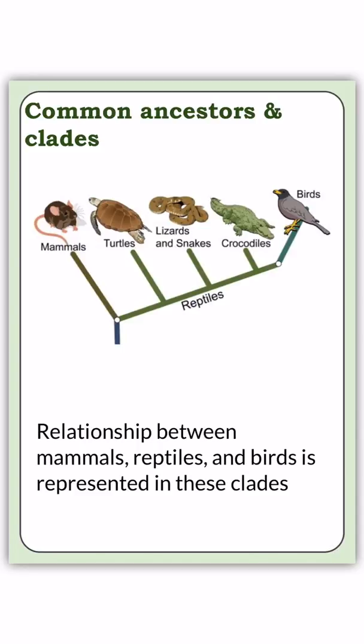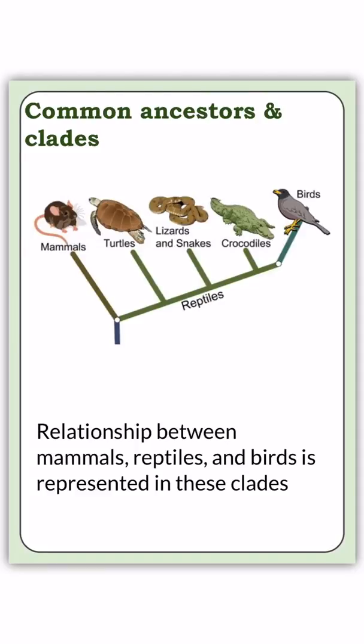They use those clades to form diagrams called cladograms. So this cladogram represents the mammal and reptile clades. The reptile clade includes birds and shows that birds evolved from reptiles or had common ancestors with these reptiles.